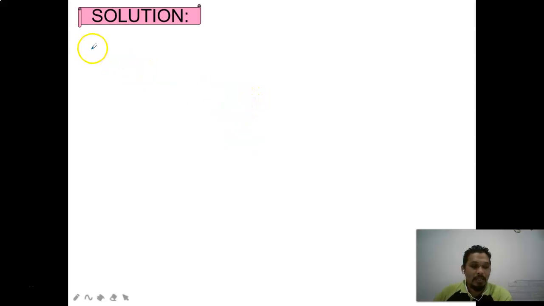Okay, so then a limit of x approaching positive infinity of 2x cubed plus x squared minus 3, divided by x cubed plus x plus 2.